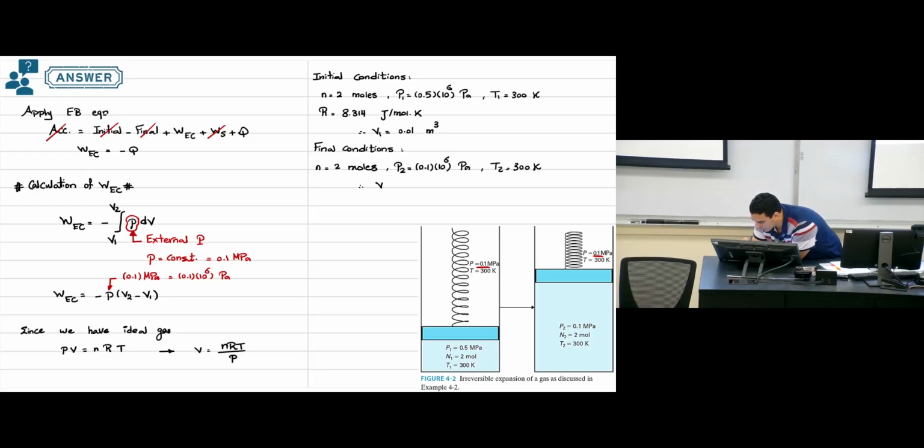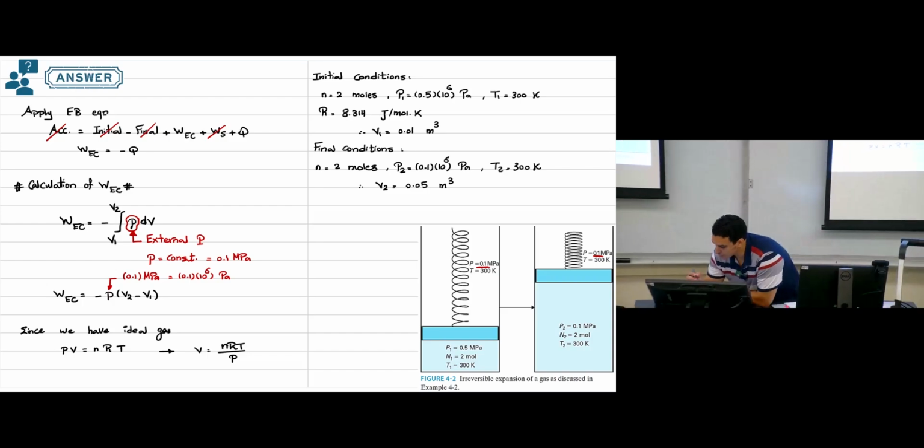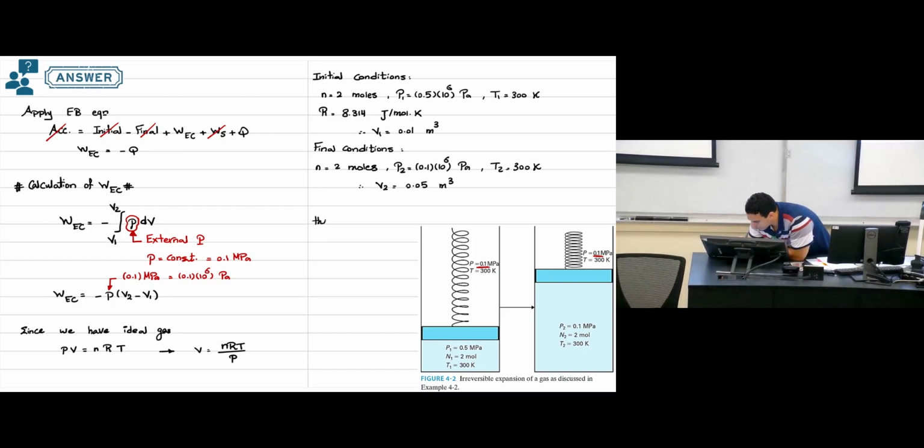Then the final volume we have is 0.05 meter cube. So we have V1, we have V2, and the pressure is given. According to the numbers we have, the work of expansion contraction will be negative 3990 joule, and substituting in the energy balance equation, the amount of heat will be 3990 joule, and this is what we need to calculate.